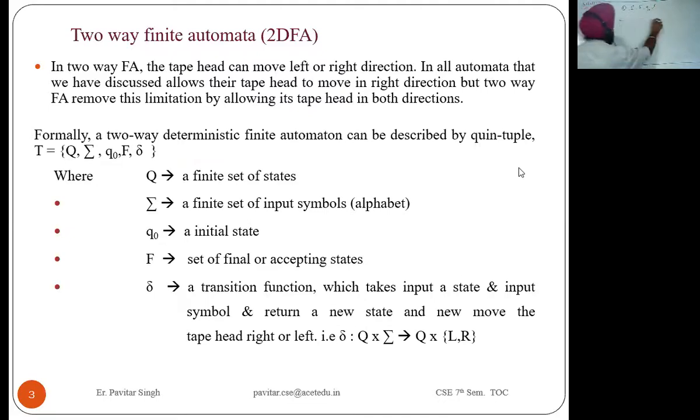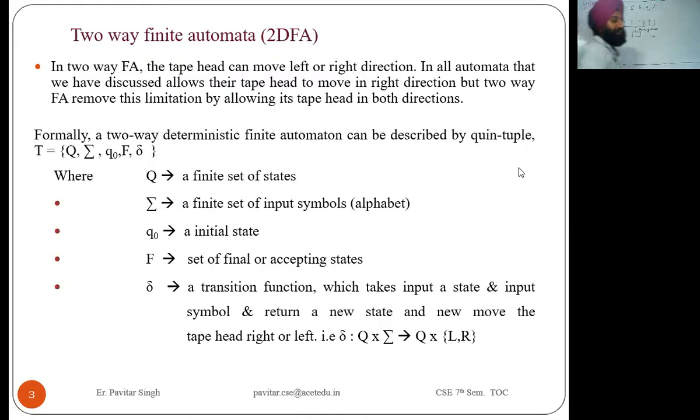And the block diagram for finite automata is this. We have one tape which is divided into n number of cells, and the tape is connected to a reading head, right? This is your reading head, which moves in one direction, that is the right direction.